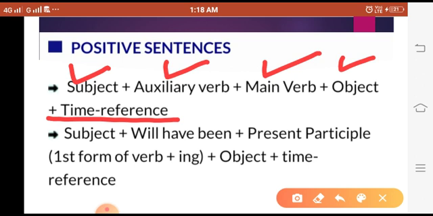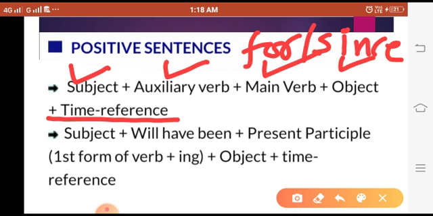The use of for or since depends on the timing that is being used here. If we are using a period of time, that period can be 2 minutes, 2 hours, 2 days, 2 weeks, or 2 centuries. We will use for because it is a period of time.